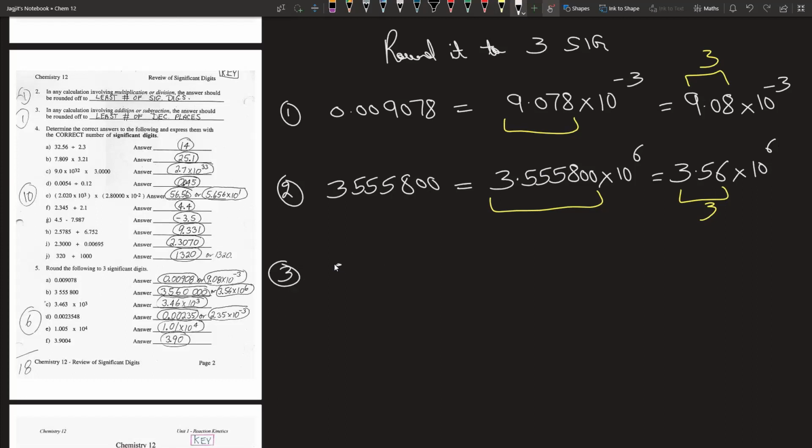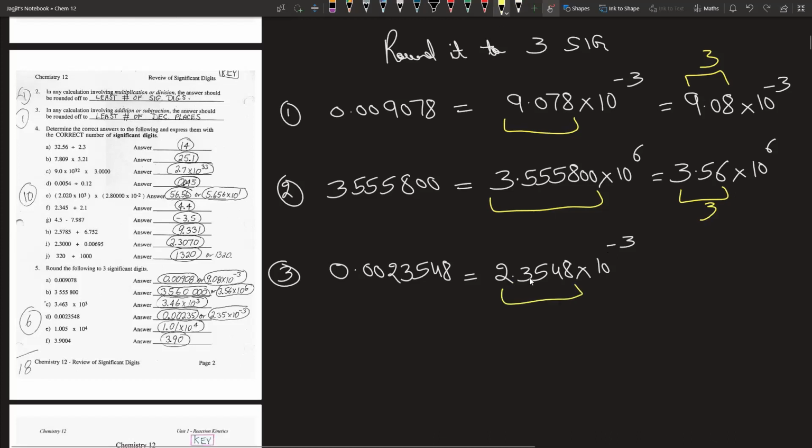What if I give you 0.002358? We first write this in scientific notation, 2.358 times 10 to the power. How many places did I move? 1, 2, 3. So it's 10 to the power minus 3. We have way too many sig figs here, 5 sig figs.